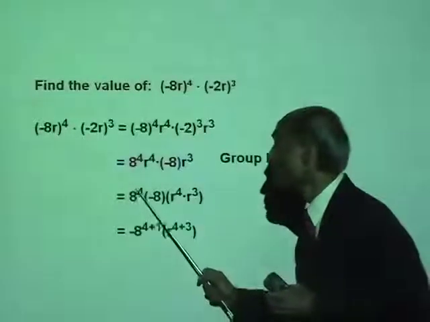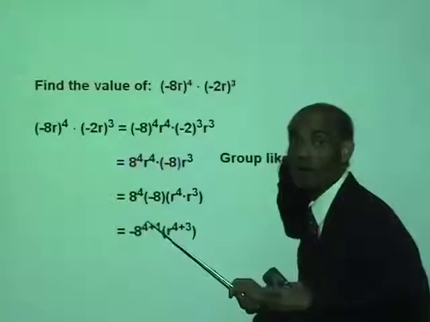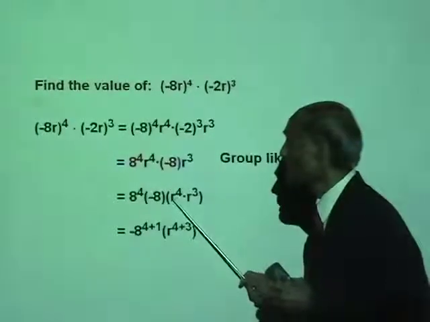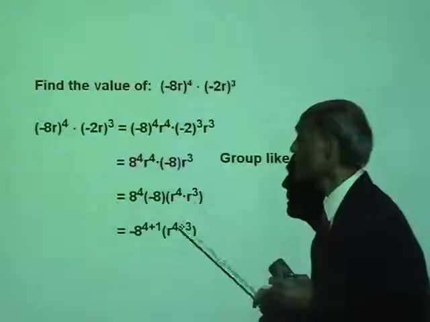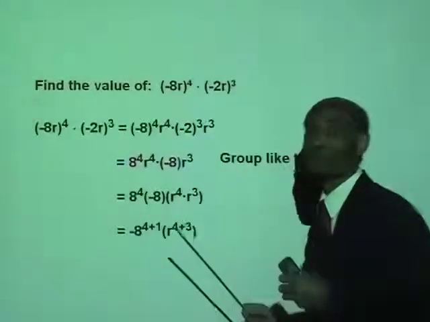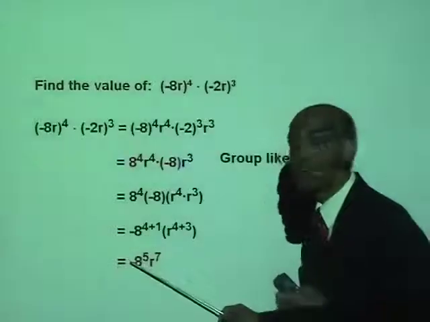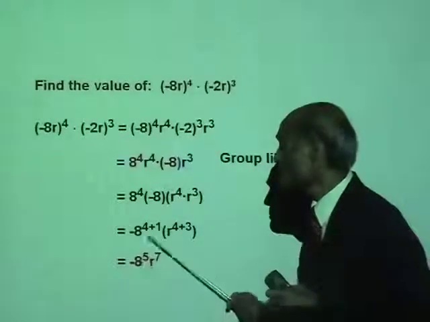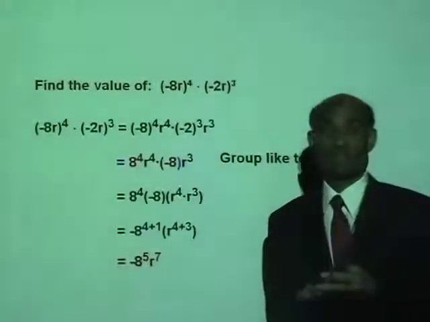We now know that this is negative 8 to the power of 4 plus 1, and r to the power of 4 times r to the power of 3 will be r to the power of 4 plus 3. And so what is our result? Our result is, first of all, negative 8 to the power of 5 r to the power of 7.